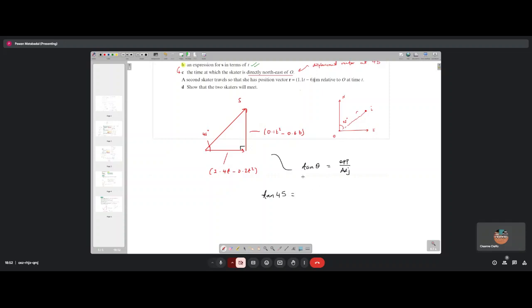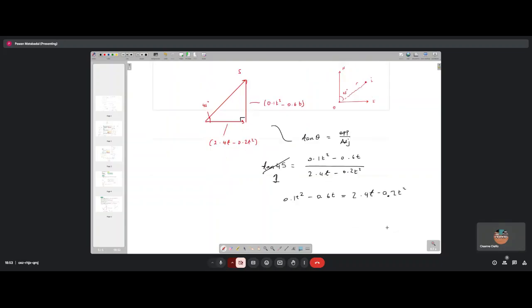So tan of 45 will be equal to the opposite, which will be 0.1 t squared minus 0.6 t, all divided by 2.4 t minus 0.2 t squared. So then tan of 45 is just 1. So notice you would just get 0.1 t squared minus 0.6 t is equal to 2.4 t minus 0.2 t squared. Now, when you solve this equation, you should get t is equal to 10.